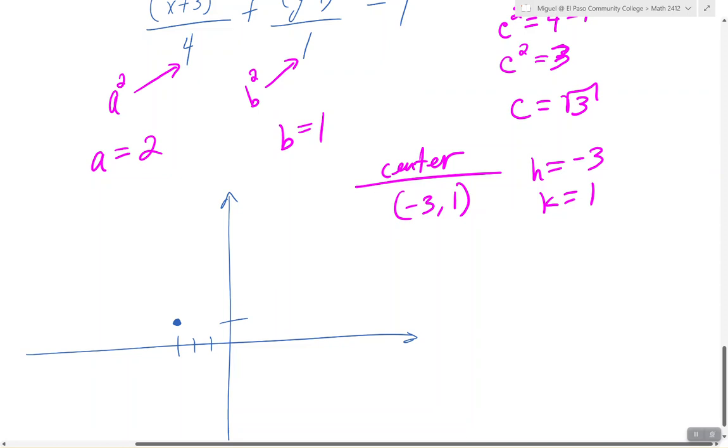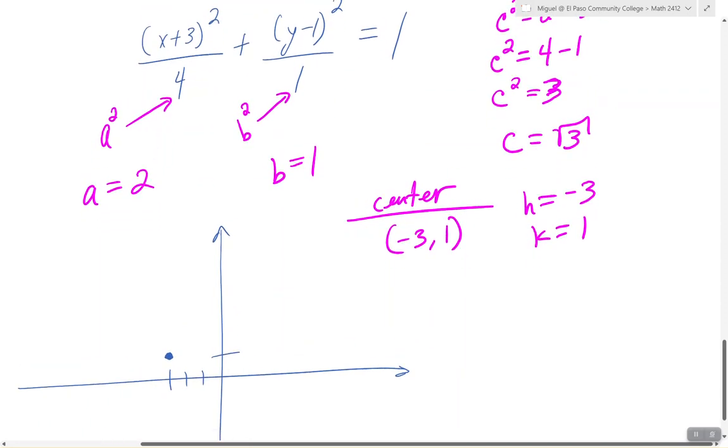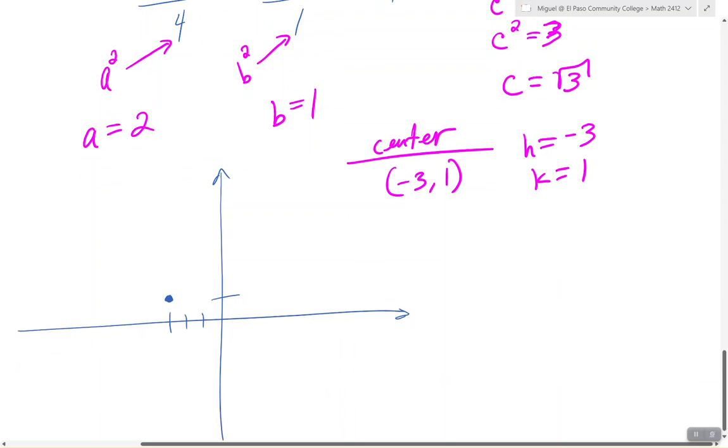So first of all, we know that the major axis is horizontal. So a is left and right. a is 2, so that's going to be 2 this way and 2 units this way. b is 1, so that's 1 unit this way and 1 unit this way. So we have something that looks like that.